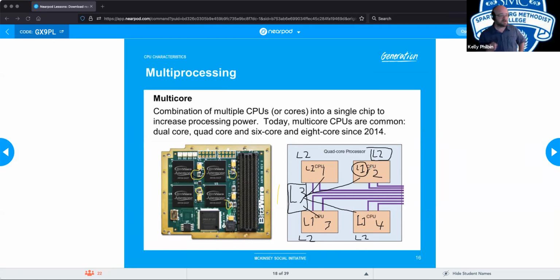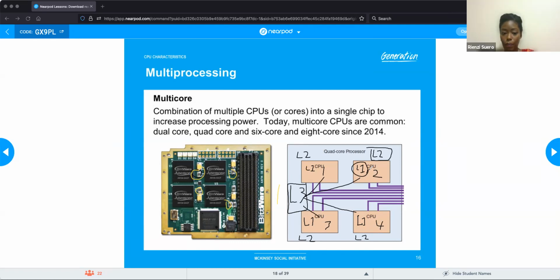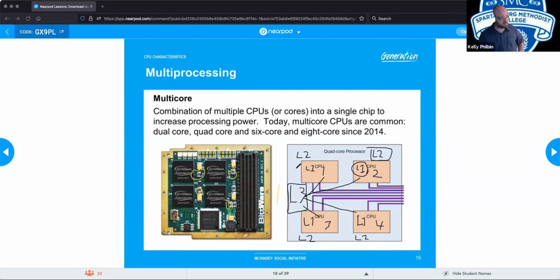The L3 is shared by all 4 of these processors, has the most amount of storage, but it is the slowest, but also the least expensive. So it's your distance from where you're trying to make those computations determines the speed at which it can be done. It may not seem like much because we're talking quite literally in nanoseconds, the differences between those.